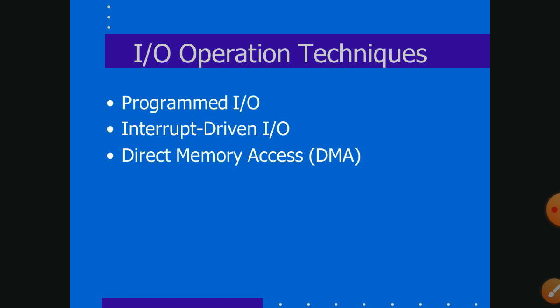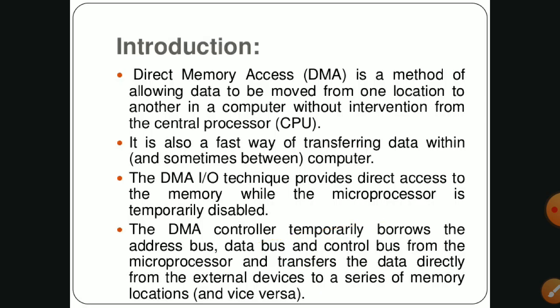So any IO device can send or receive its information from the memory directly, without any processor involvement or intervention. That is why the technique is called DMA, direct memory access. That is about the DMA operation.